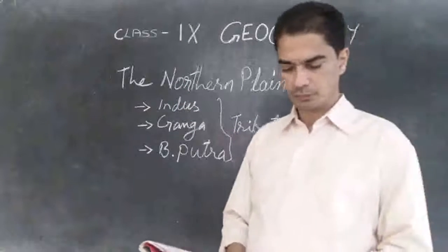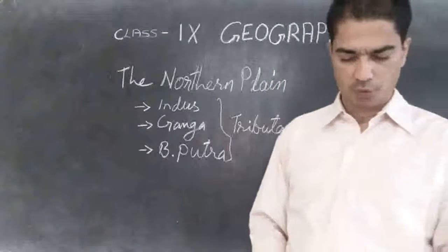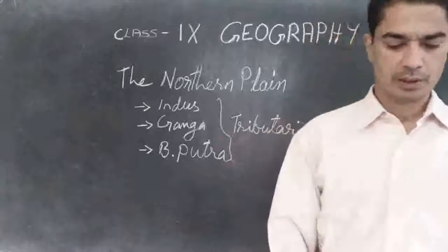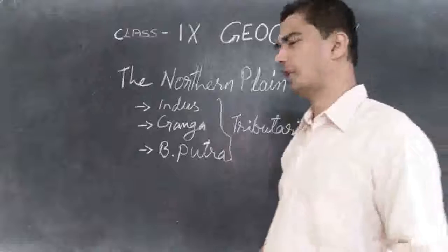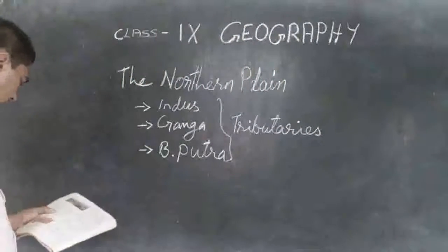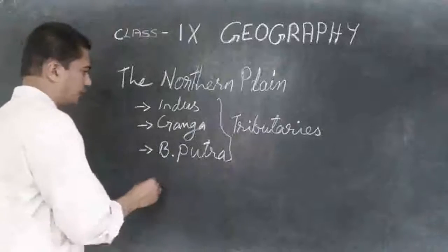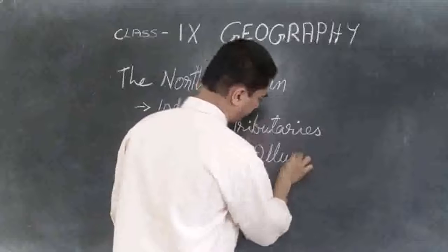Then this plain is formed of alluvial soil. We said the type of soil that we will find, what soil is it? Alluvial soil. Alluvial soil is very good for cultivation.